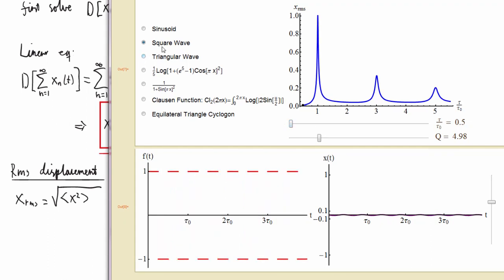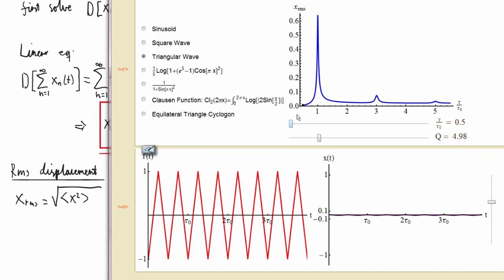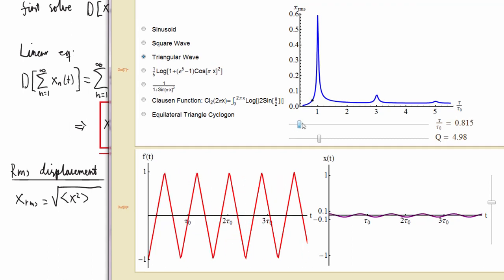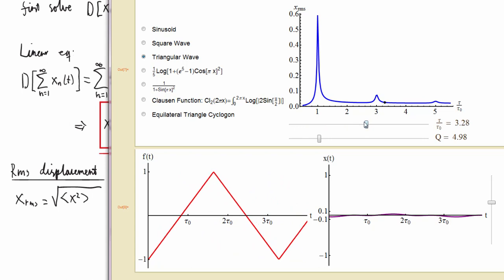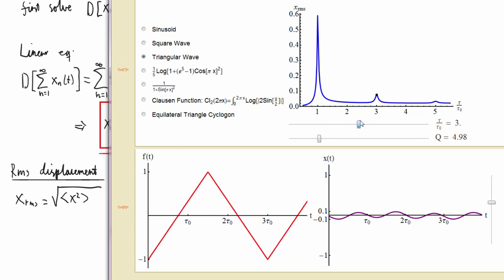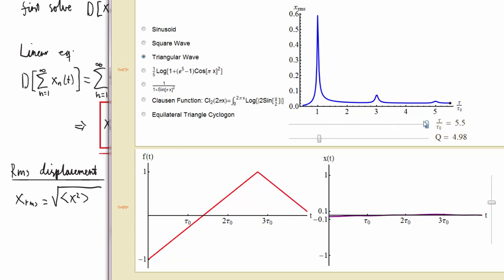And we can do this for other waves as well. This is the triangular wave, and we can see here we have another resonance at 3 omega, or at 3 times the period, and yet a smaller one at 5 times the period.